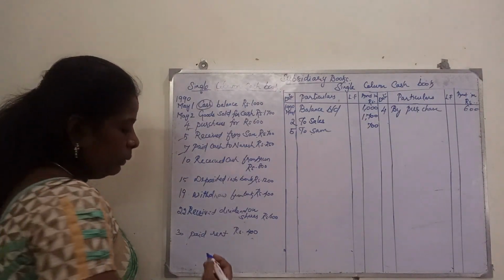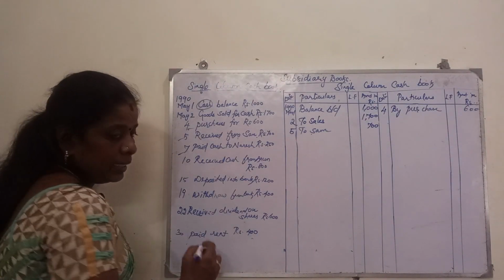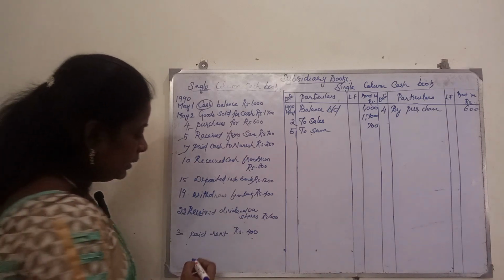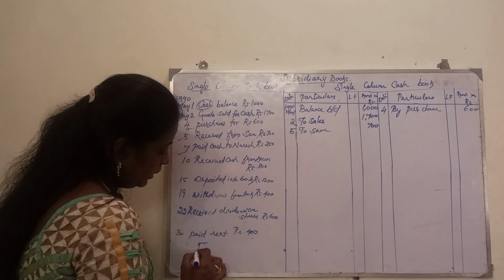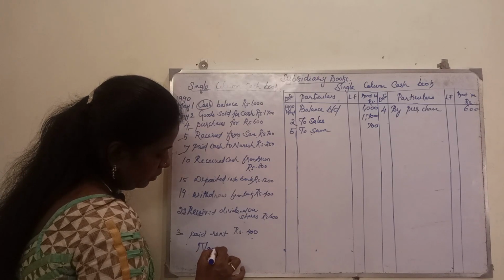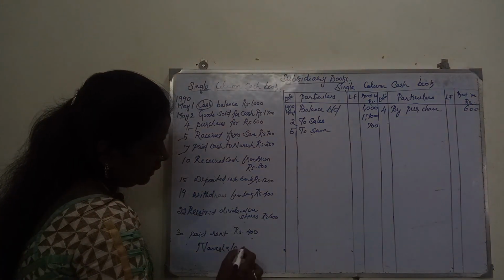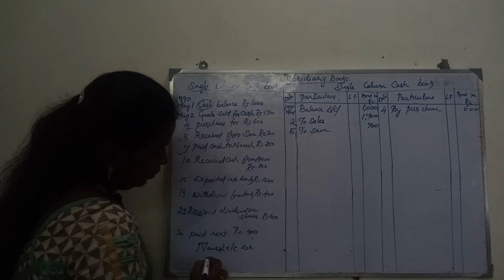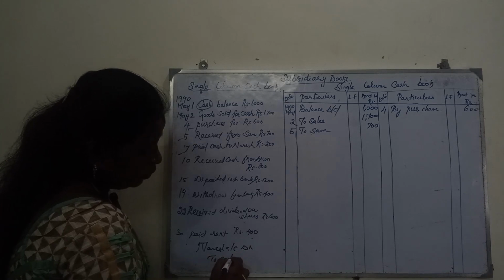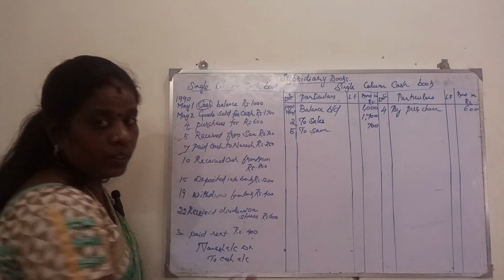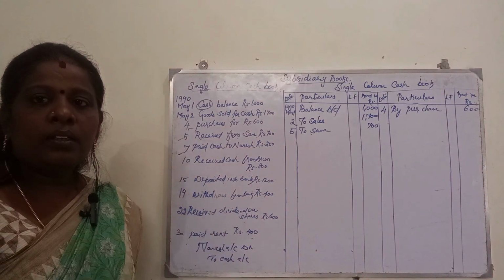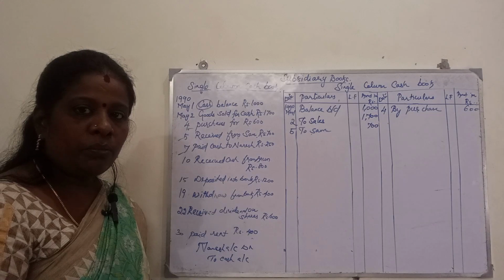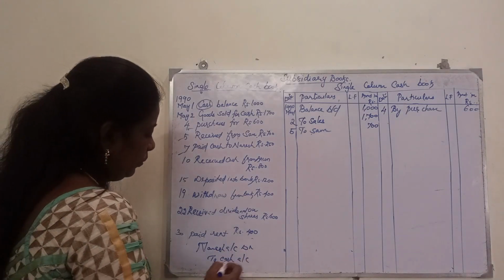Seventh, paid cash to Naresh. The business is paying cash to Naresh. Cash is going outside of the business. So to whom is the cash paid? Naresh account. Naresh is the receiver. So Naresh account debit to cash. These journal entries are written by following the basic rules of accounting.